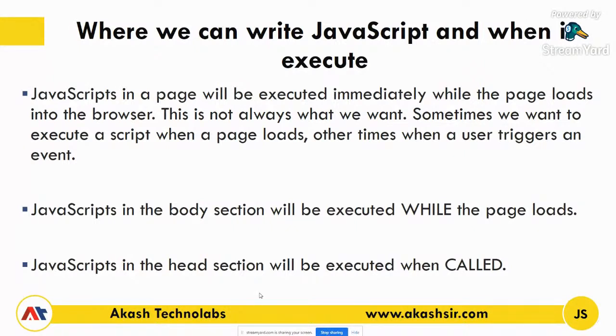Sometimes we want to execute a script when the page loads, other times when the user triggers particular events. For example, if you type or click on a button, at that time we need to execute JavaScript, right? JavaScript in the body section will be executed while the page loads, and JavaScript in the head section will be executed when it is called.